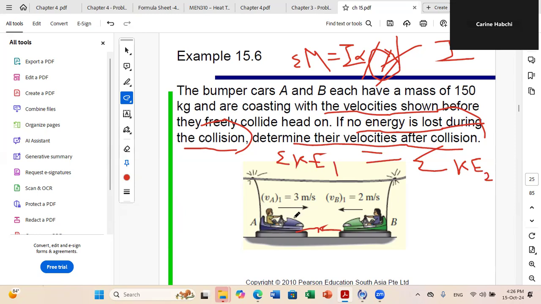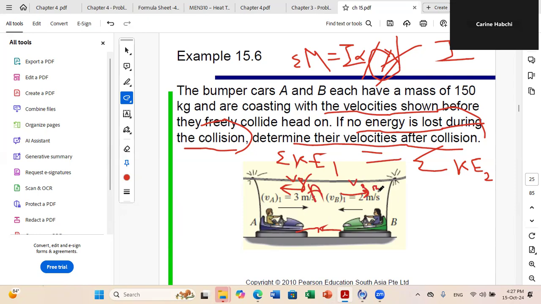What will happen is that since you have the same mass, cars will change direction and they will switch velocities, and we'll prove this from this problem. Okay, so this velocity will have v final minus 2, and this will be v final plus 3. We'll see why. Okay, so we need to solve for v final of A and v final of B.